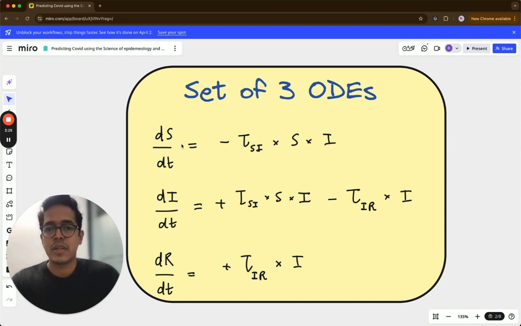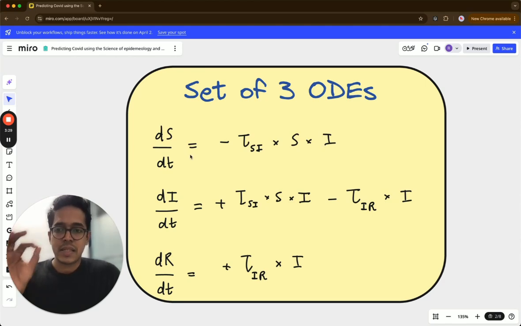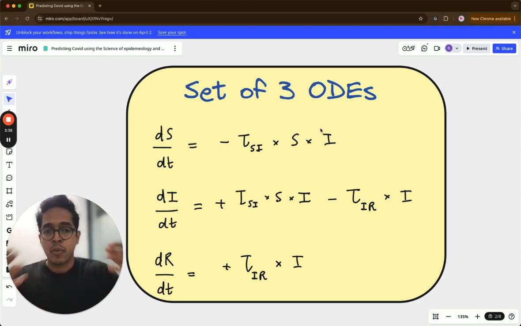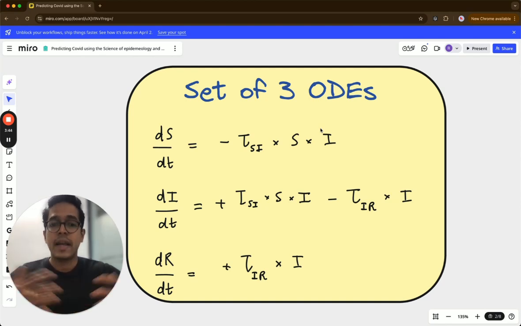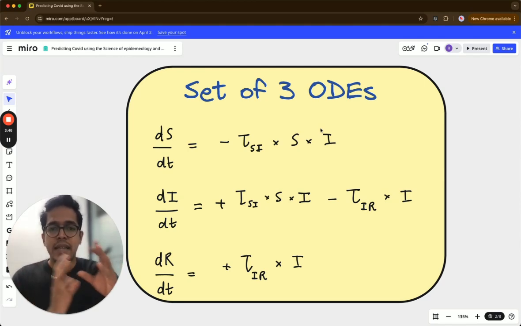So basically what this equation is saying is the rate of change of the number of susceptible people at any given point of time is proportional to the number of susceptible people. It's proportional also to the number of infected people, because if there are more infected people, they can interact with the remaining susceptible population. If there are more susceptible people, they all can get potentially infected. So both S and I affect the rate of change of S, dS/dt basically.